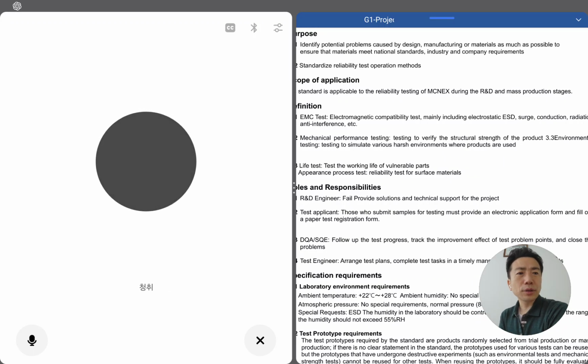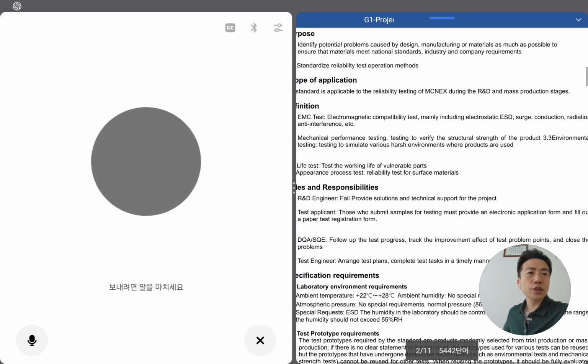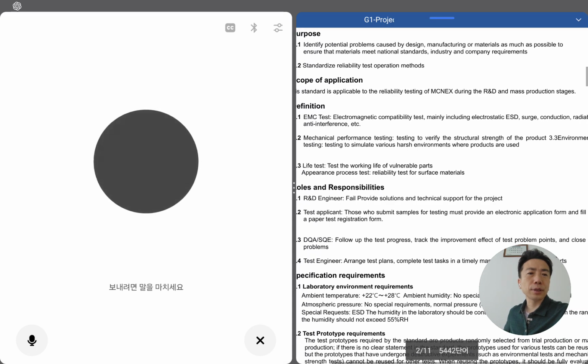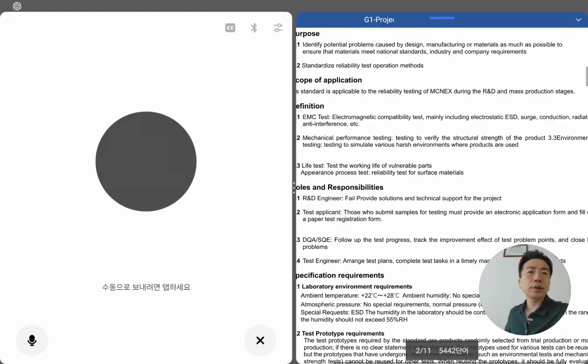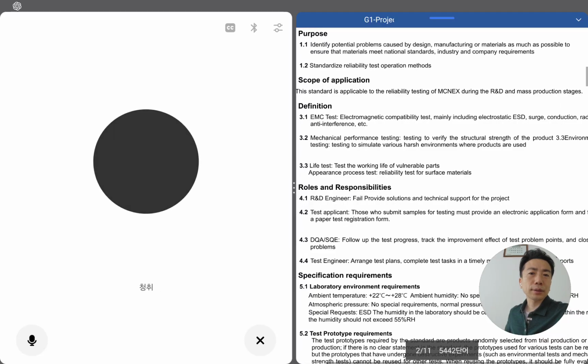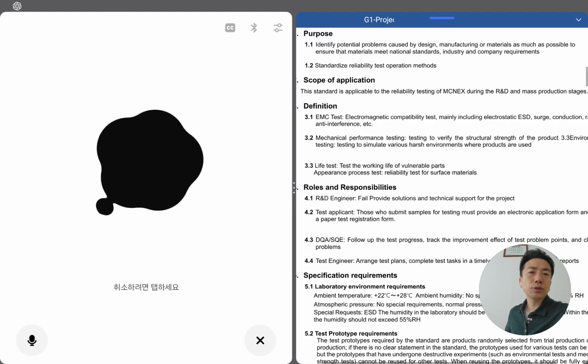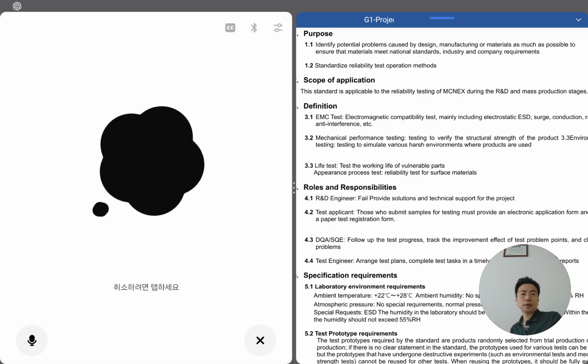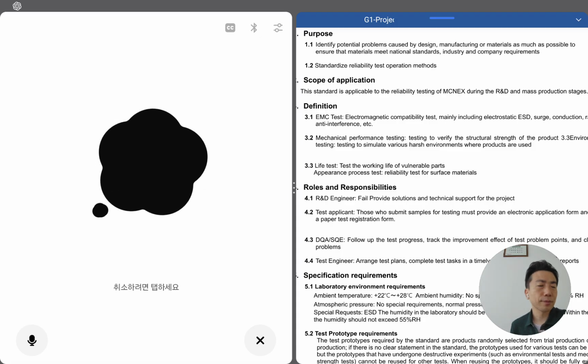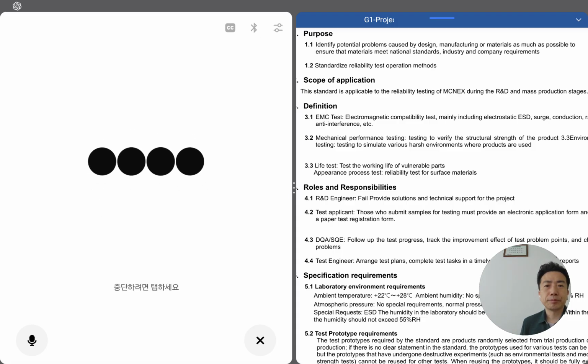GPT, I'm just wondering, what's the radiation anti-interference test? Could you please explain it to me? Good question, David.